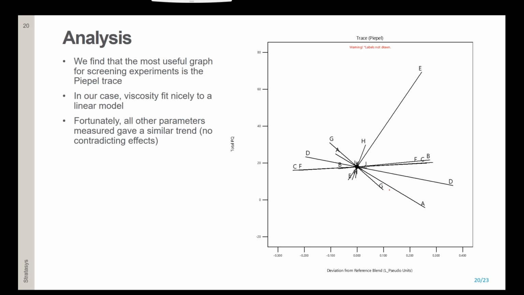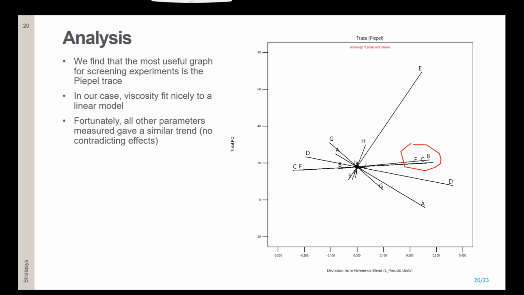And also, fortunately, for all other parameters like the print quality and all other measurable qualities, like the tensile strength and other mechanical properties, most of the graphs looked more or less the same. So that means that most of the ingredients had a very similar effect. As you can see, these materials didn't have a large effect, so we could use them to adjust the viscosity later.